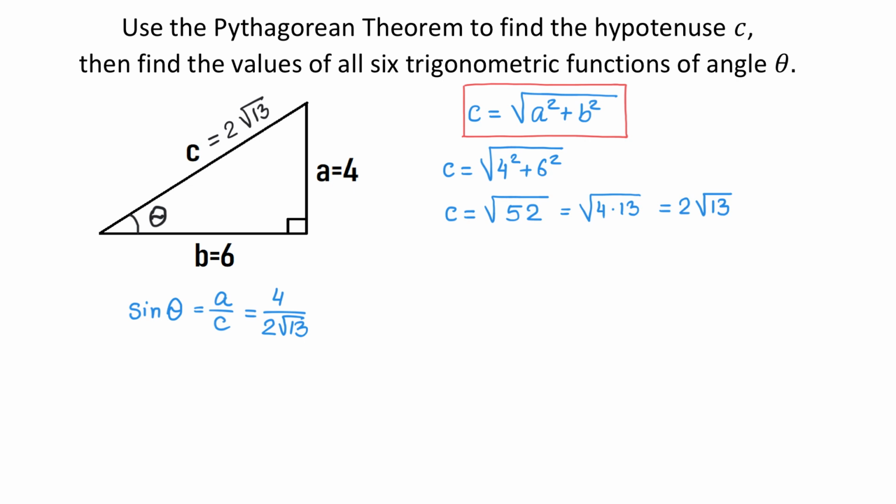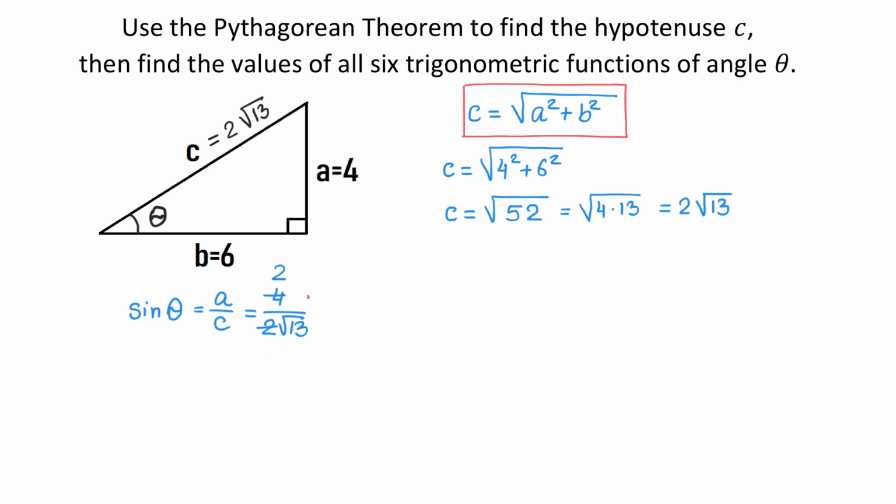Now we need to simplify this fraction, and first we will divide the numerator and the denominator by 2. So 4 divided by 2 is 2, and 2 divided by 2 is 1. Also, we need to rationalize the denominator, and this means we have to eliminate the radical from the bottom.